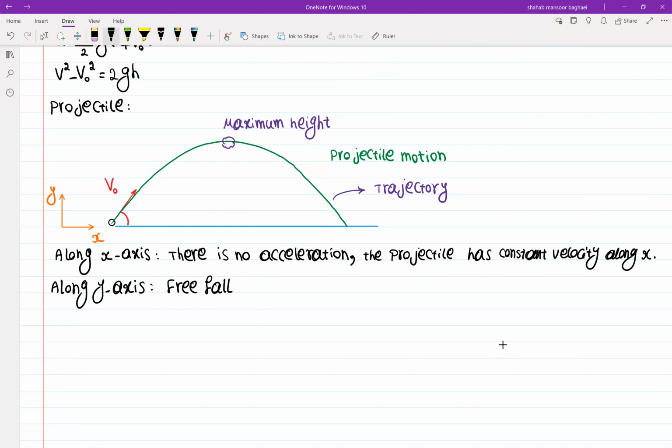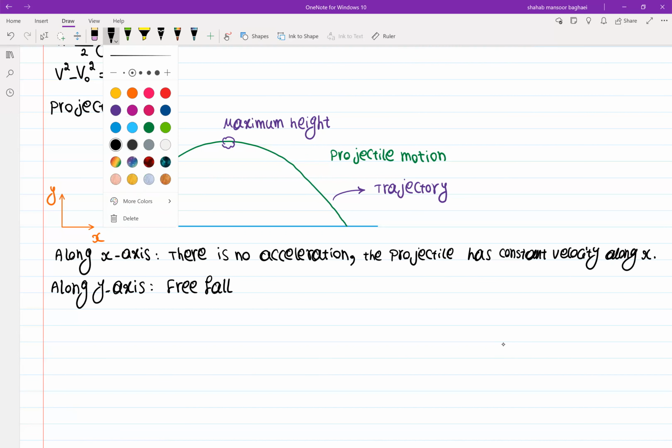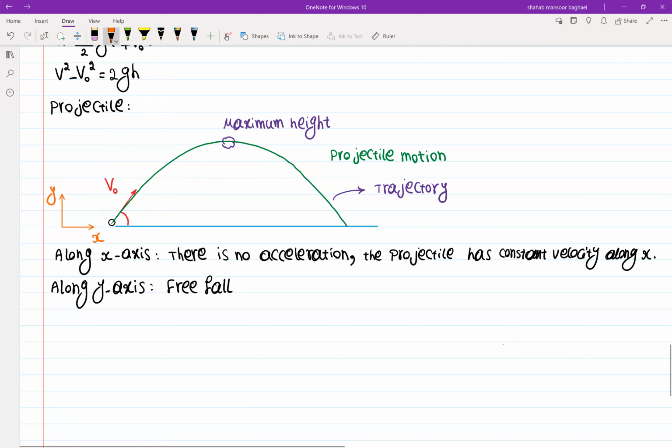For example, one of the positions of your projectile is here on this curve. It should be on the curve because this is the trajectory of the projectile. Imagine it starts from this point. Of course, it can reach this, and it will follow the curve to reach the final position, which is here.